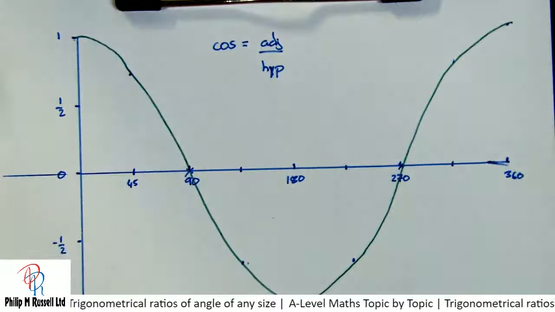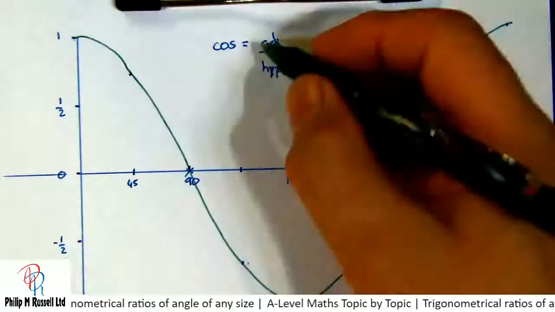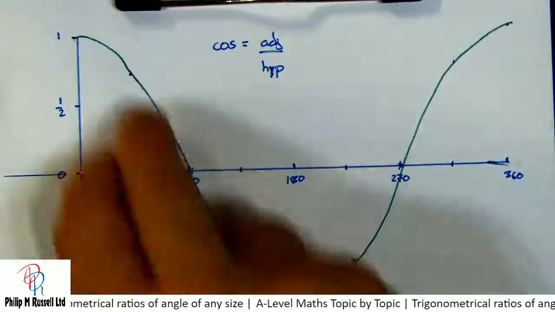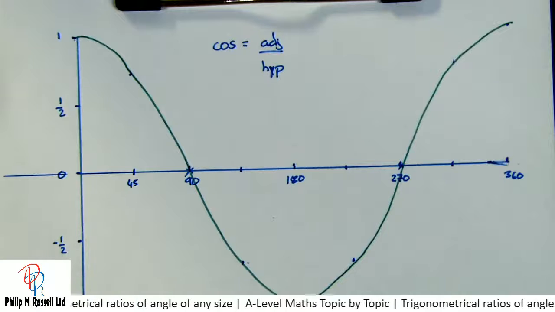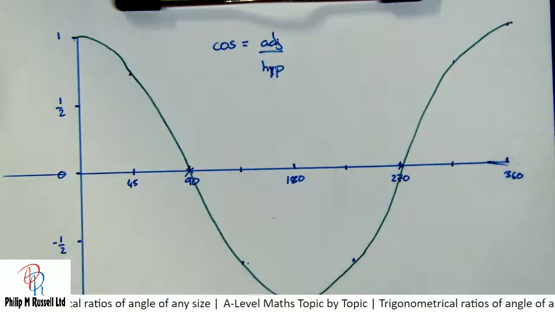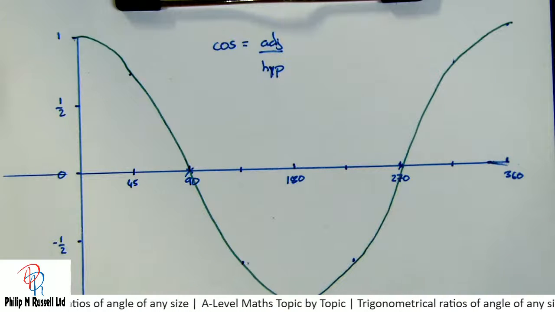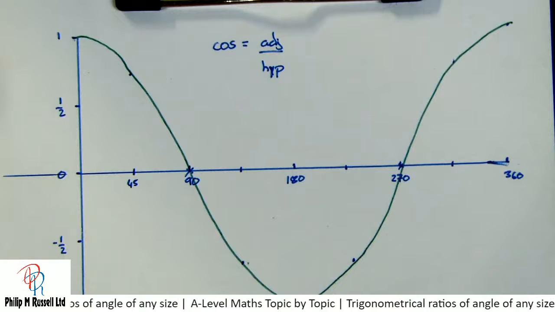So I've given an idea there about how we get cos working, and we can do exactly the same thing with tan if we want to try and work out what we've got.